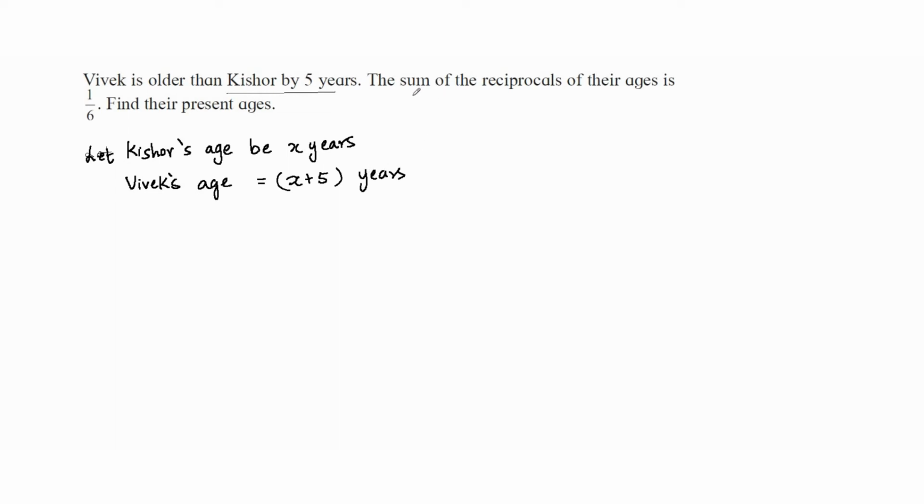Now let's see what they have given. They have given the sum of the reciprocal of their ages. The sum of the reciprocal of their ages is 1 by 6. So let's frame that equation. What is the reciprocal of Kishore's age?